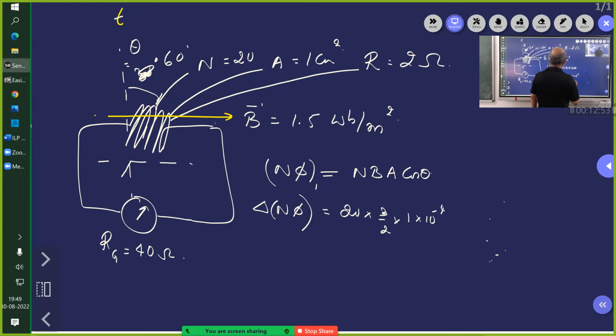And cos theta is half. So you get 15 into 10 to the power of minus 4.